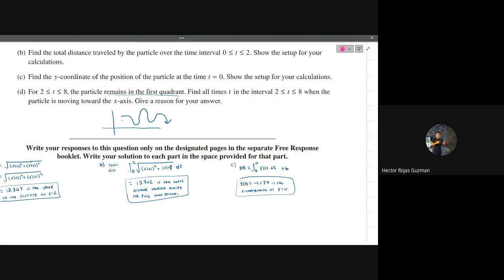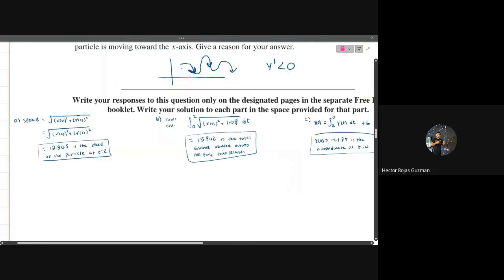I don't know what it does, right? But basically, when you're moving towards the x-axis, we have that downward movement, which means that y prime needs to be negative. Y prime, not x prime. X prime doesn't affect whether we're moving towards the x-axis or not.